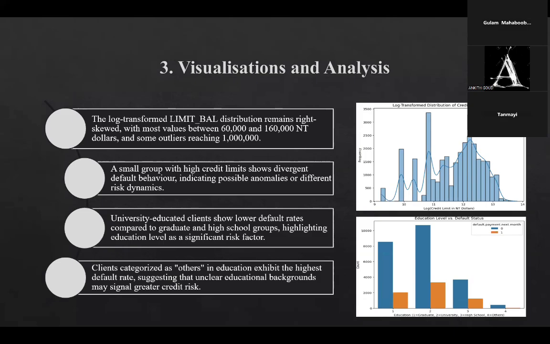A small group with high credit limits shows divergent default behavior, including possible anomalies or different risk dynamics. University education clients show lower default rates compared to graduate and high school groups, highlighting education level as a significant risk factor. Clients categorized as others in education exhibit the highest default rate, suggesting that unclear education backgrounds may signal greater credit risk. Next slide, please.